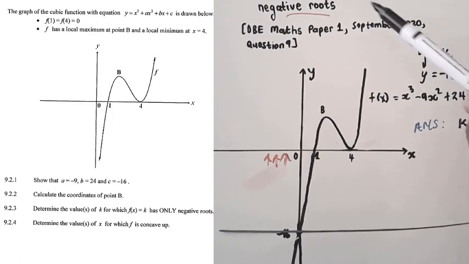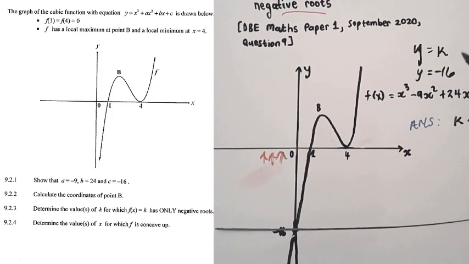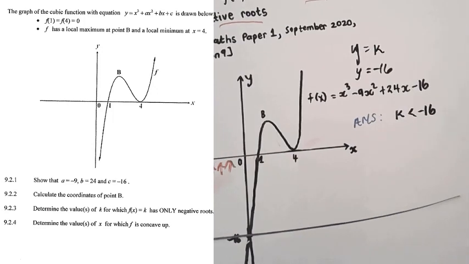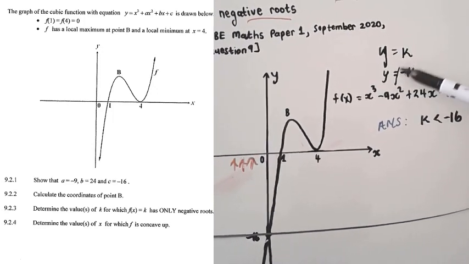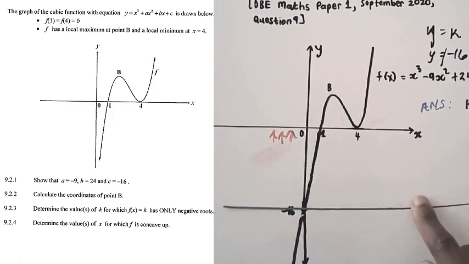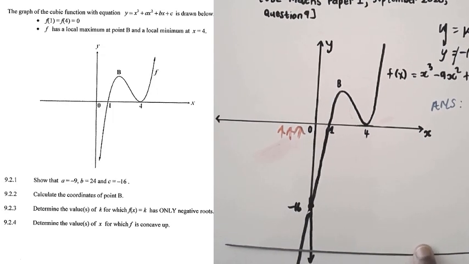You only want negative solutions, so 0 is neither positive nor negative, and that's why we exclude this k value. So k cannot equal negative 16, but rather k has to be anything less than negative 16.